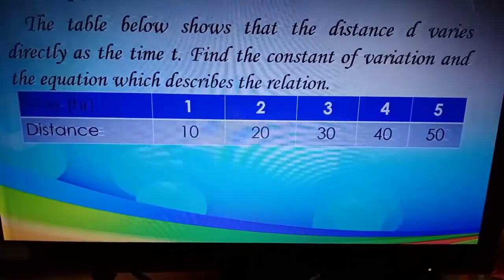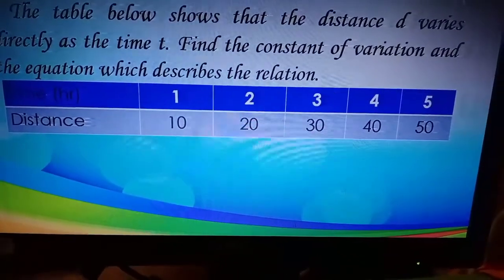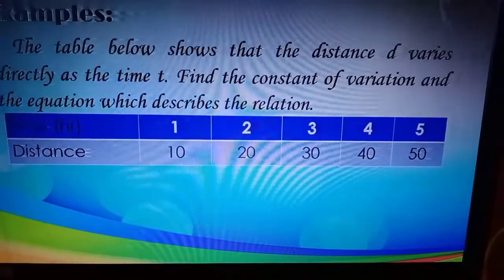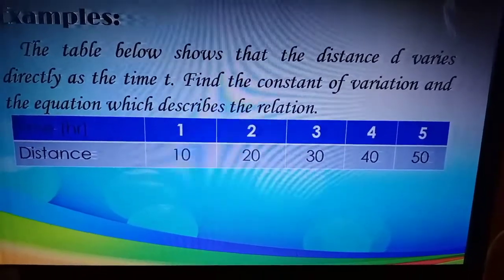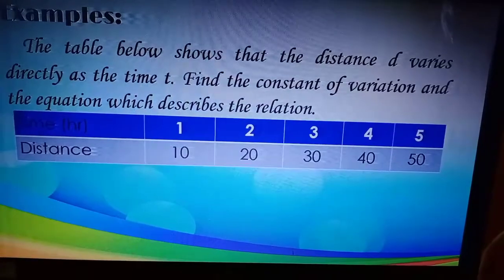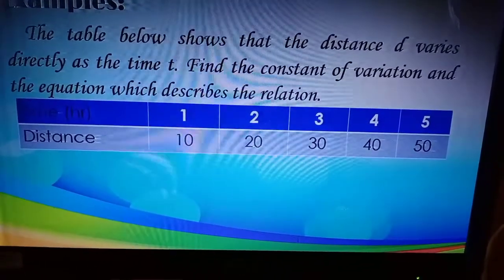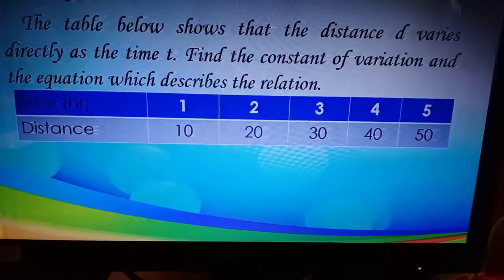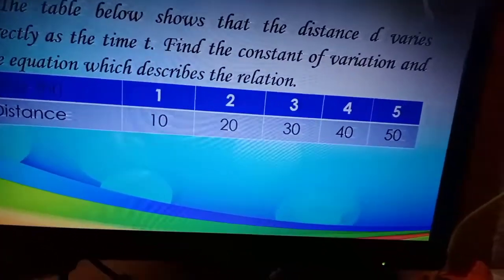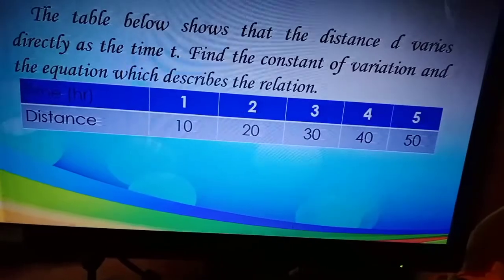So how do we get the constant of variation? Earlier, I have shown to you, if given the table, we simply get the ratio. There must be a constant ratio. So if we have 10 over 1, that's equal to 10.